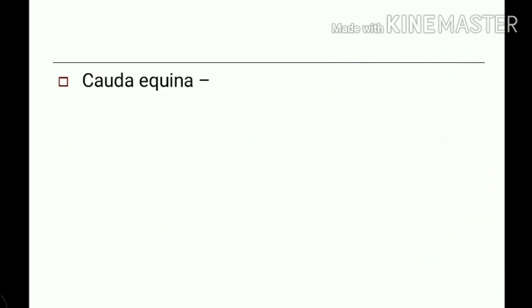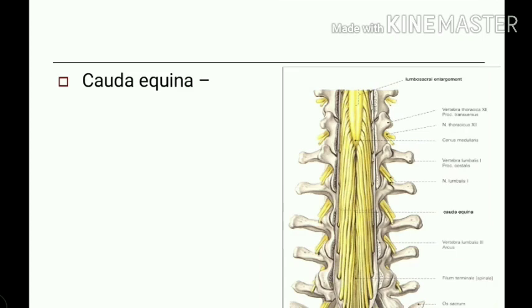Another terminology is cauda equina. What is this? Here you can see we have discussed the conus medullaris. After that there is the filum terminalis, this one. Now, what is cauda equina? It is the bundle of descending roots.